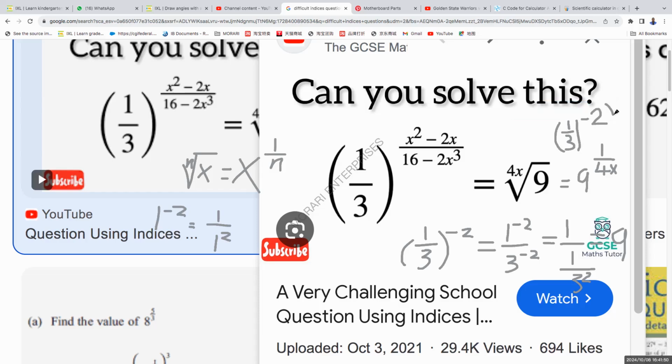But now all this again is to the power 1 over 4x. So we don't forget our 1 over 4x. That's there. Ready. And then if we do that, we'll come here and erase this way. So I want to show us, these are some little tricks. And these tricks will only come by solving these type of difficult problems.